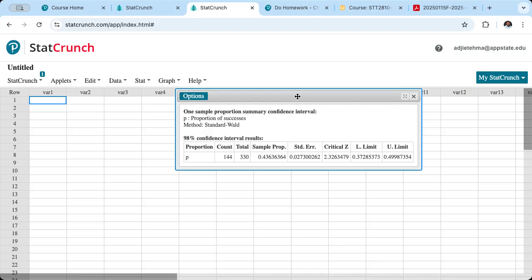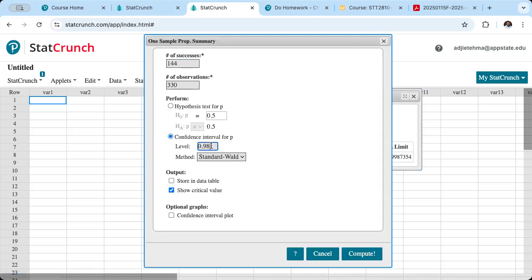So now let's try to change the level of confidence and see. Let's go to options, click edit. Instead of 98, let's use 90. Is that okay?